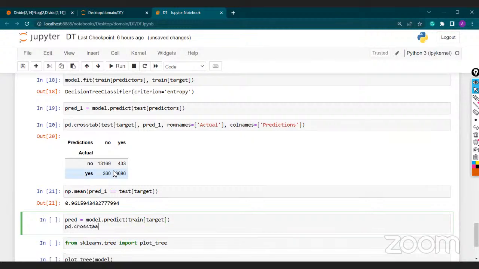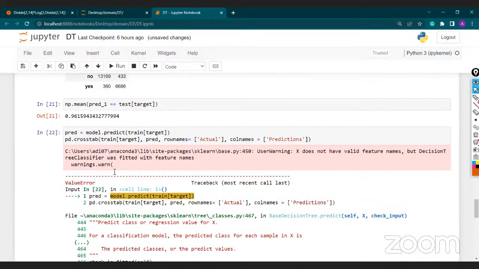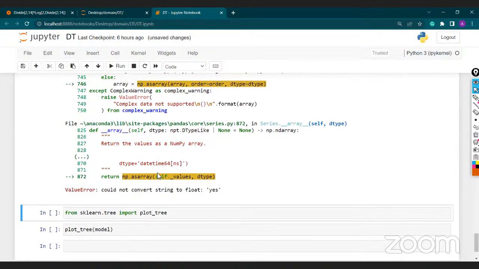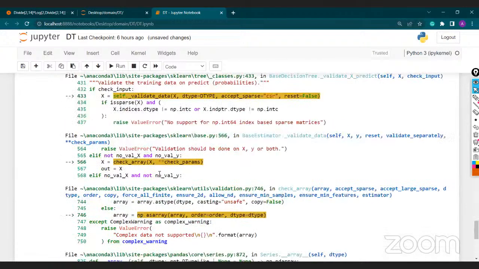So let's add code. Okay, could not convert string to float.